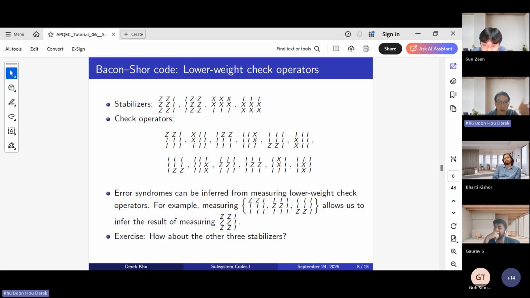And then you could measure these groups of 3 in order to get the result from measuring the stabilizers. Right? So now all we need to do is to measure with 2 operators instead of with 6 operators, which is a lot easier to do in actual quantum circuits, and it's a lot faster, and the circuits are more shallow, so you get better results.